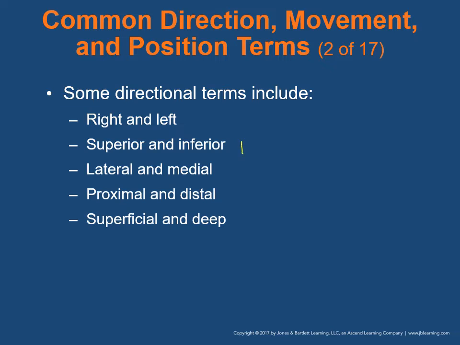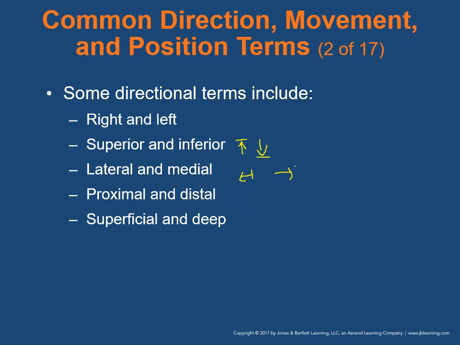So superior is going towards the top. Inferior is going towards the bottom. Above and below, top stuff. Lateral and medial. So lateral is going towards the outside and medial is going towards the middle.